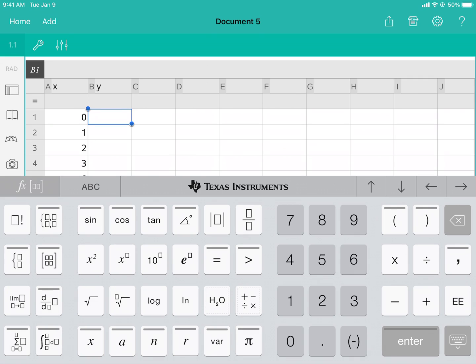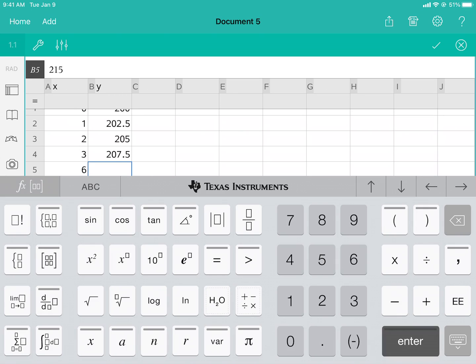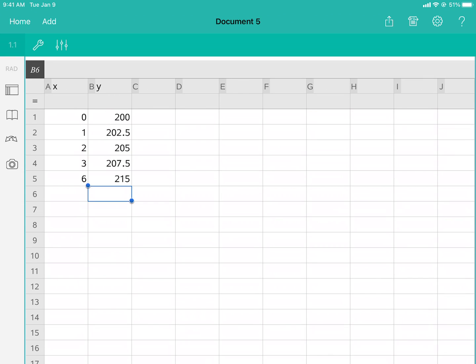And then I go under the Y column and I'm going to type in his money. So he has 200, 202.50, 205, 207.5, and 215. Okay, so again, that is Steve's bank account.